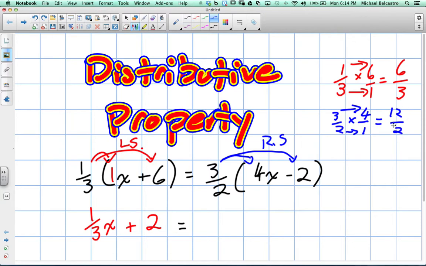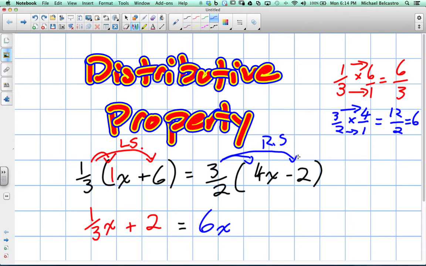Anyone know what 12 over 2 is going to be? 6. That's right, so I can just rewrite that as 6. What else do I have to write with it? X, because that x was already there. So essentially what we just figured out was 3 over 2 times 4x is equal to 6x.